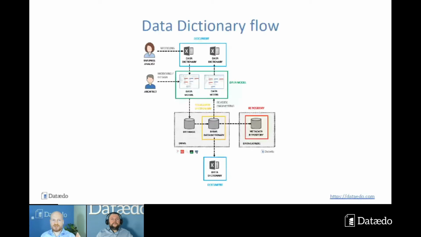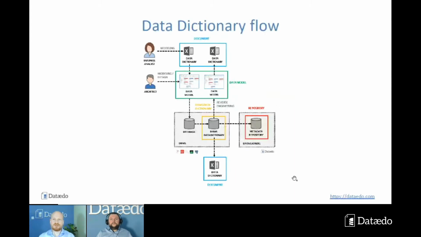Data dictionary is a specification of data, and as such, it can exist on very different levels and phases of the lifetime of any system. So you can find data dictionary in data modeling tools. You can find data dictionary in documents, in specification documents. You can find it in a database, like in this case.